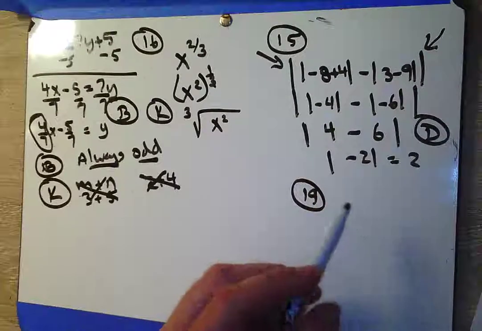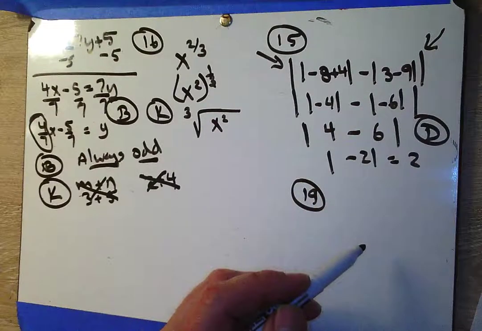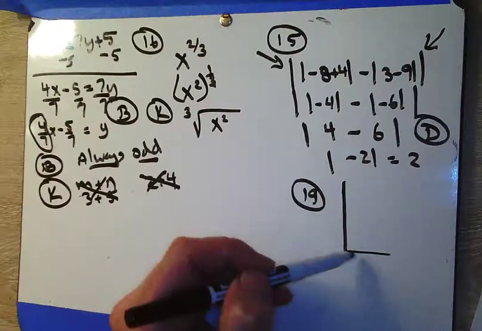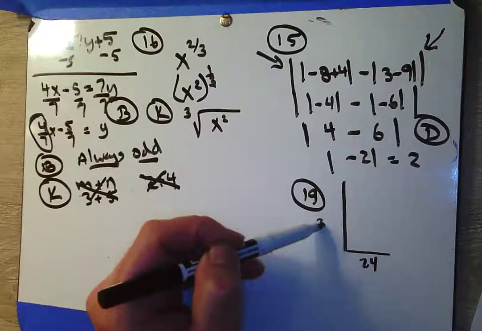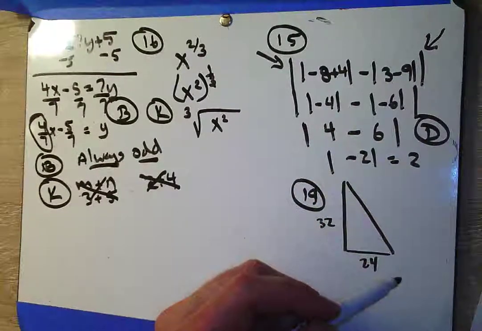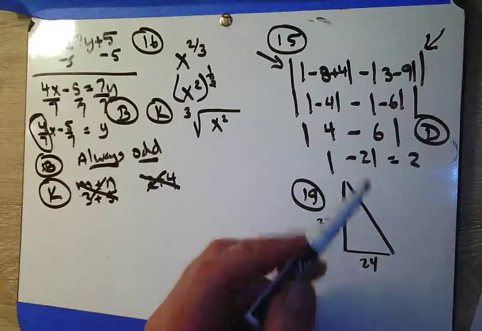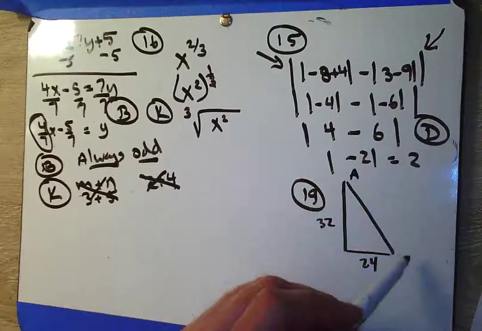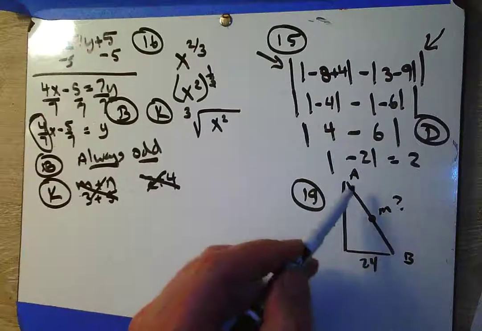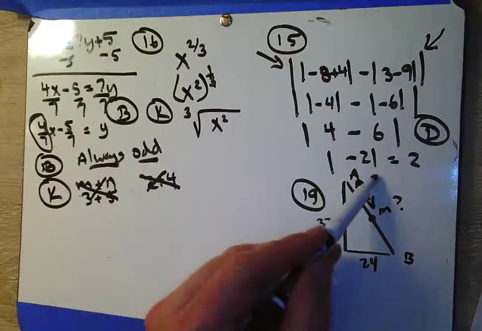19 says the lengths of the two legs are shown below. Okay, so we know that this is 24 and 32. The midpoint of AB, there's the midpoint. How far is that from A?